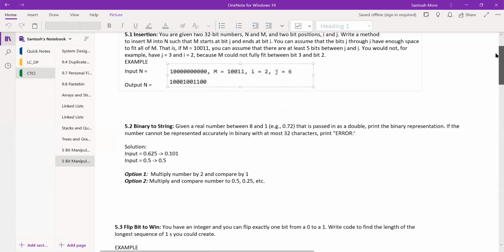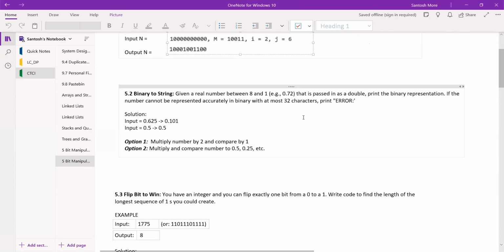So the second problem is, we are given a real number between 0 and 1. Sorry, this is not 8, I just converted.